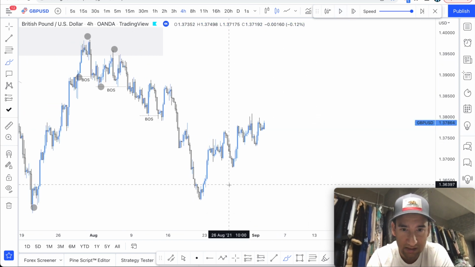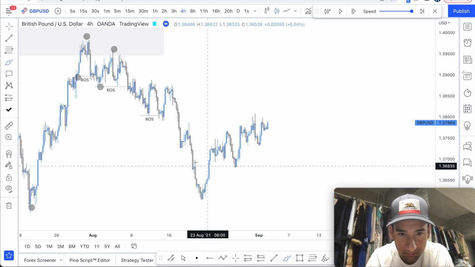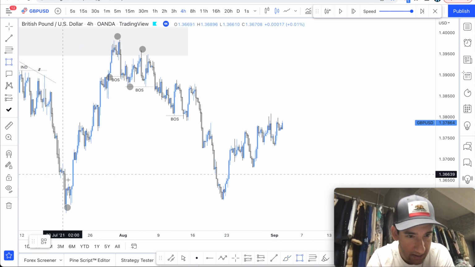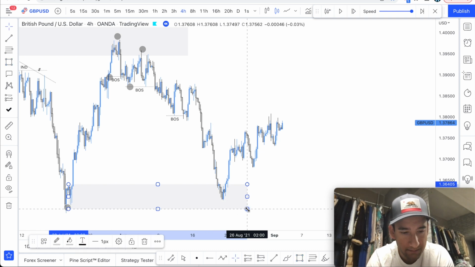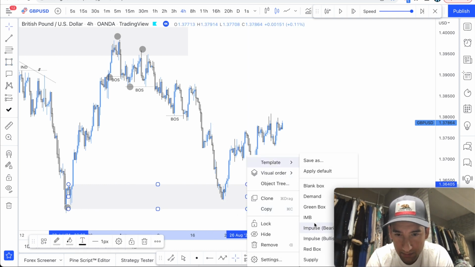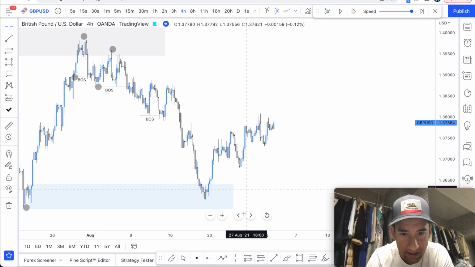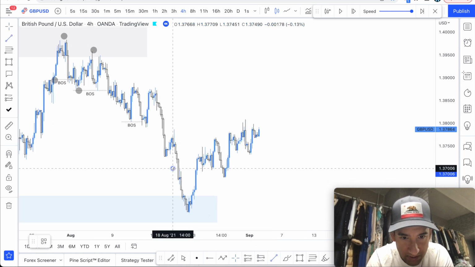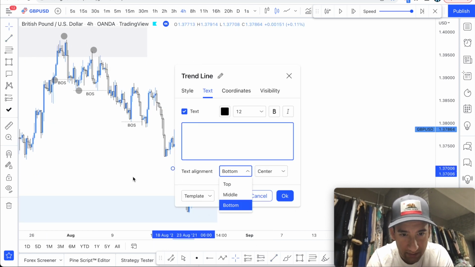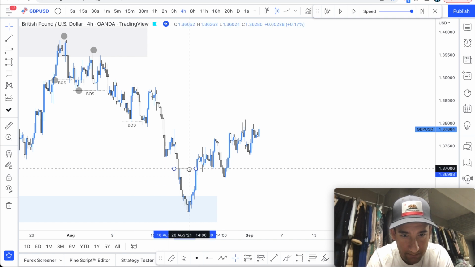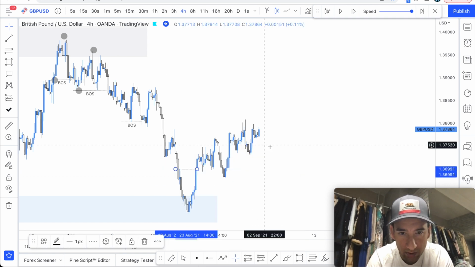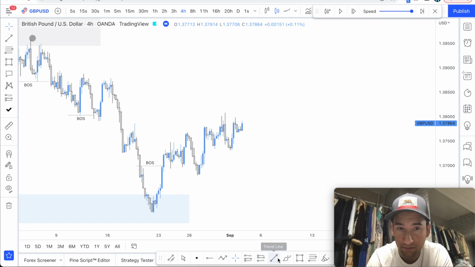Let's look at this example. Price is mitigating an order block right here. You can see that from the first break of structure, we had a complete break there. And what we're expecting is just to see healthy order flow.